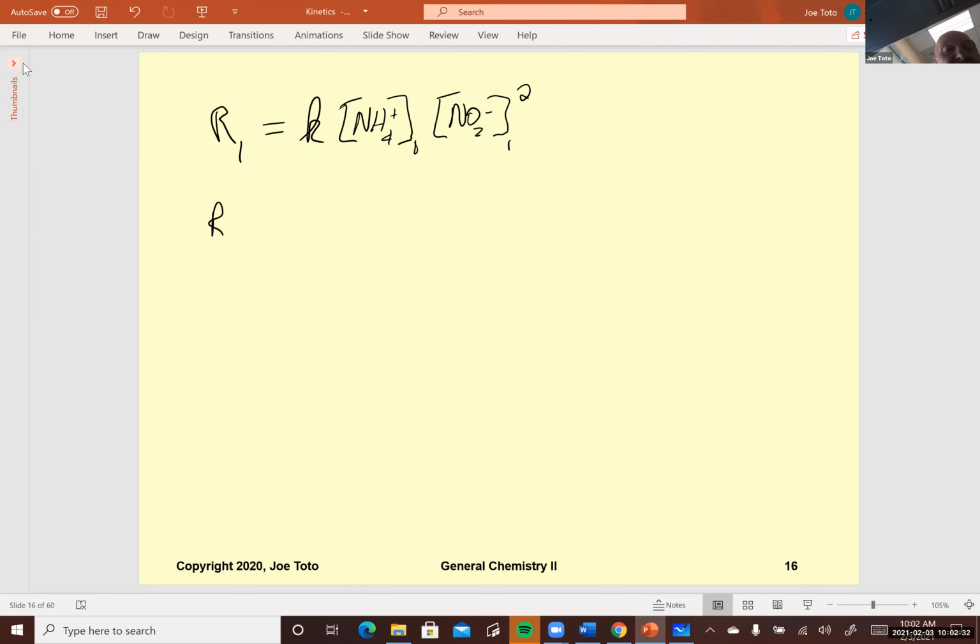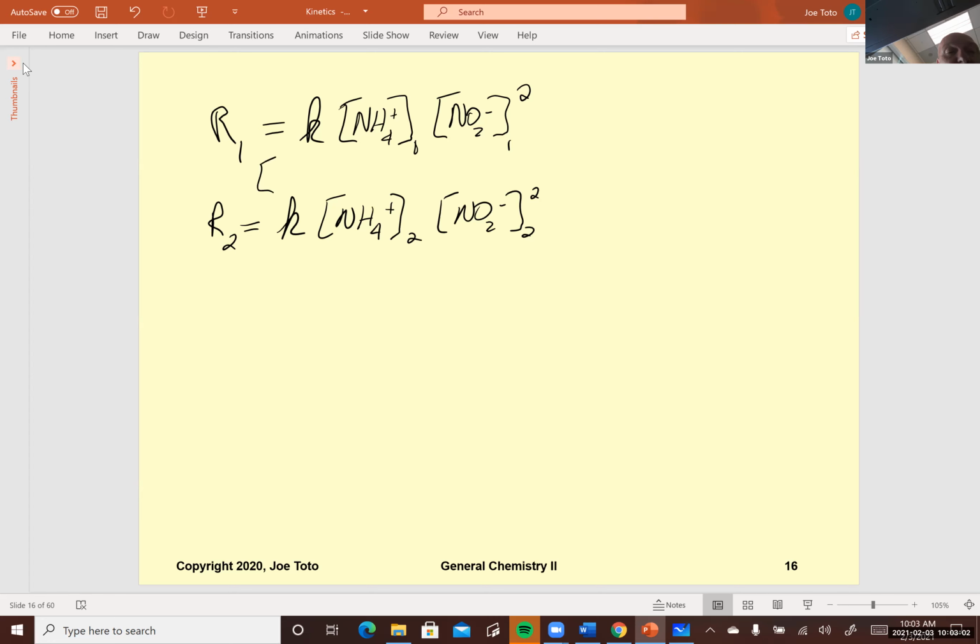I have another experiment 2. Again, K is going to be the same. And this time, this is going to be 2. Now, what's the difference between experiment 1 and experiment 2?